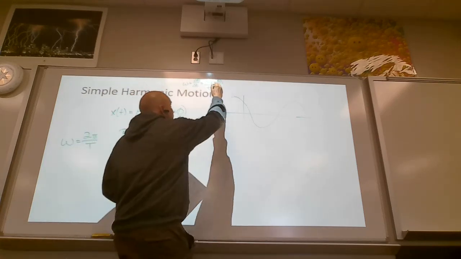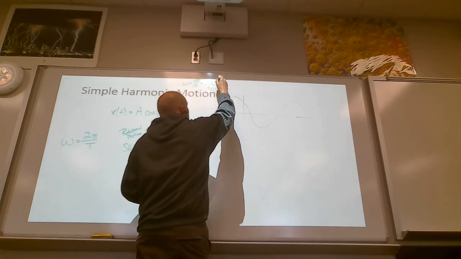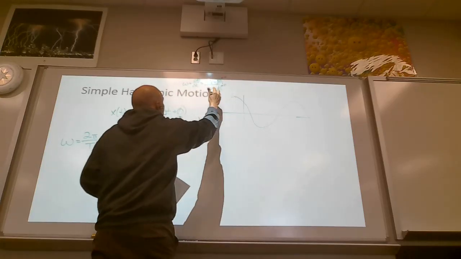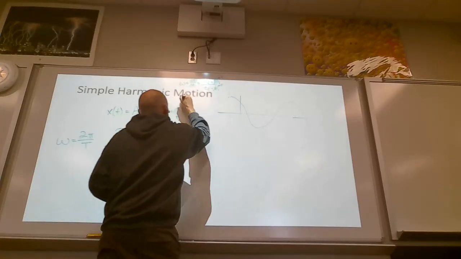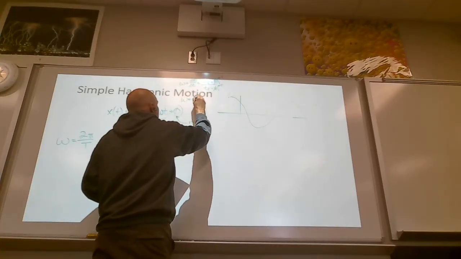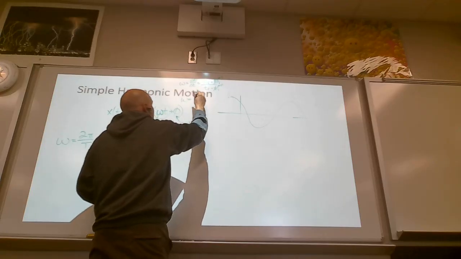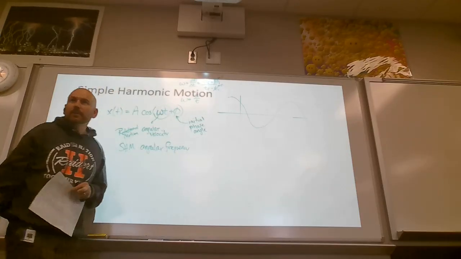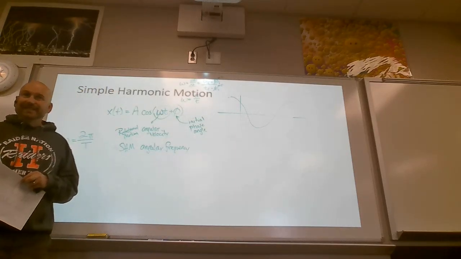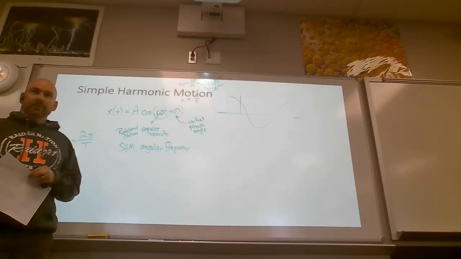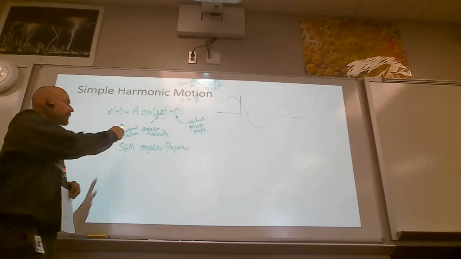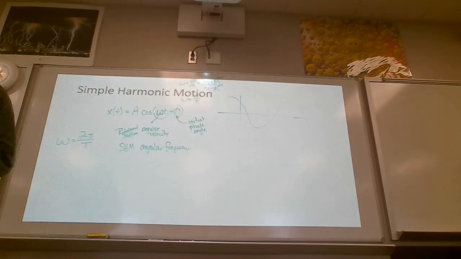Almost always, we're starting our initial at 0 and time at 0. So you just get this expression, omega is equal to theta over t, and then you bring this over. So that's why we can take the cosine of this, because this is really in radians. Seeing how that's working? Okay. And then this is your amplitude. How are we doing with that? Okay.